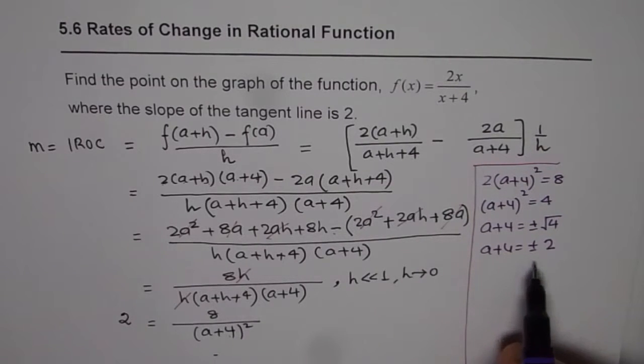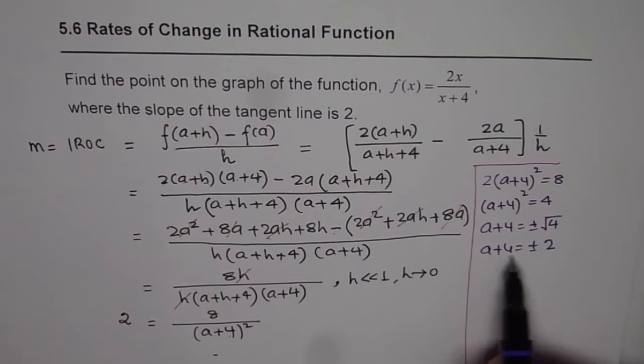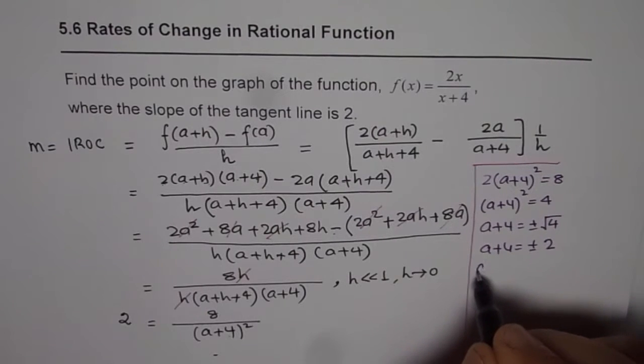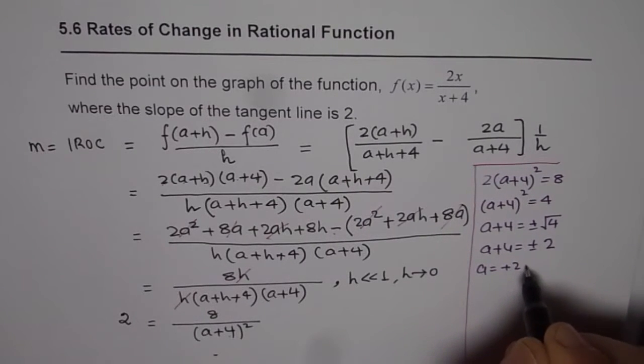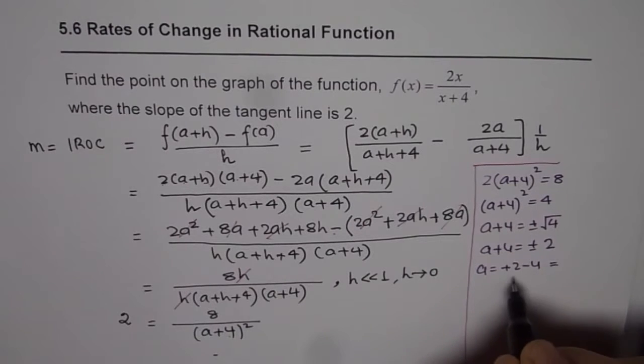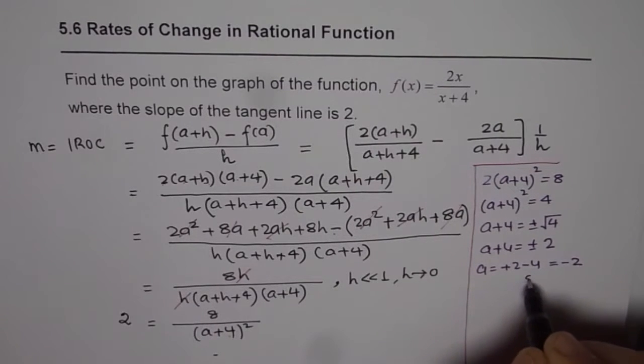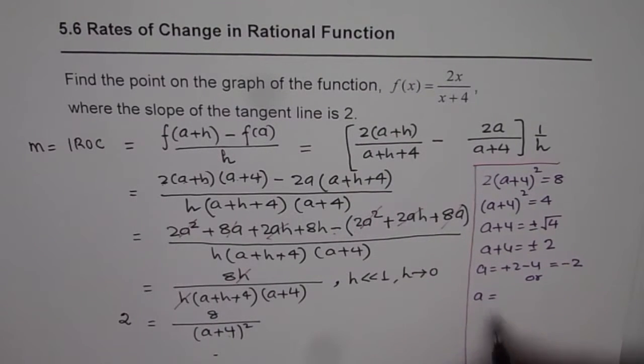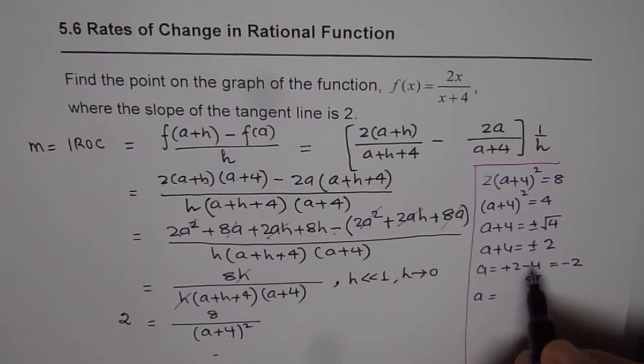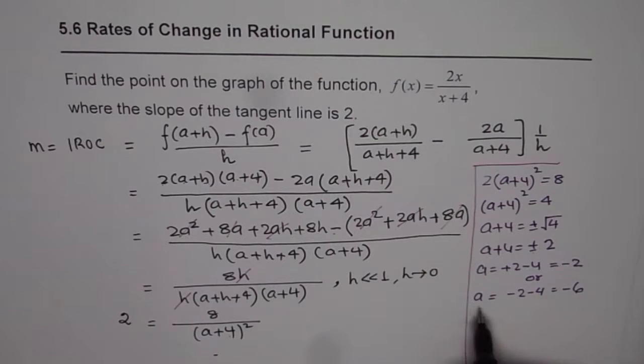So we get 2 points. So a could be plus 2 minus 4, or a could be minus 2 minus 4. So we have two possible answers. So a is equal to plus 2 minus 4, which gives us minus 2, or a equals minus 2 minus 4, which is minus 6. So we get 2 points.